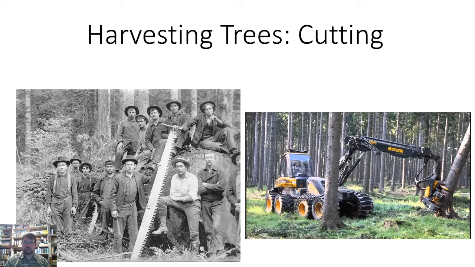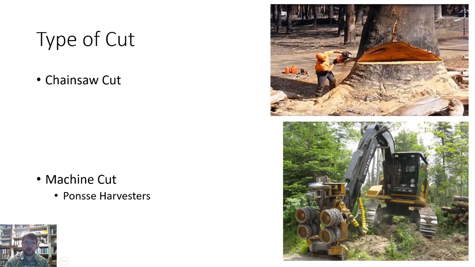But we're going to talk about two types of cuttings, and the first type of cutting is chainsaw cut or an individual cut. Okay, so when we talk about types of cutting, we can talk about the individual, which is mostly done by chainsaw. And yes, some countries are doing it by handsaw. In some parts of the world, they're still doing it by axe.